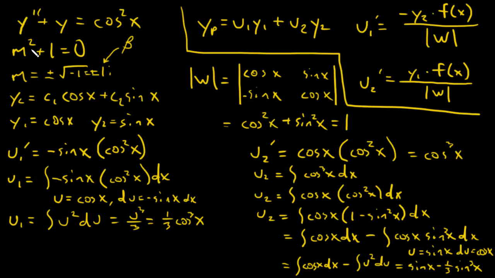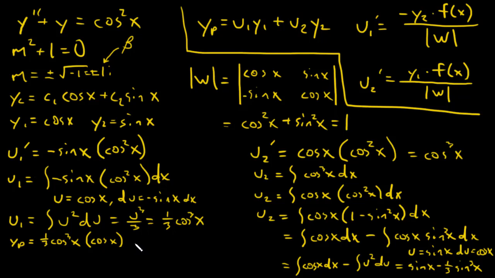Now, up top right here, I know that my y sub p is equal to u1 times y1. What is u1? Well, u1 is this thing right here. So it's going to be 1/3 cosine cubed x times y1, which is cosine x.